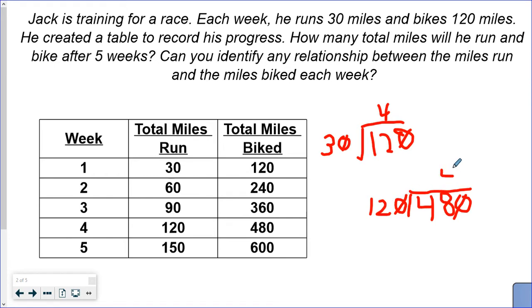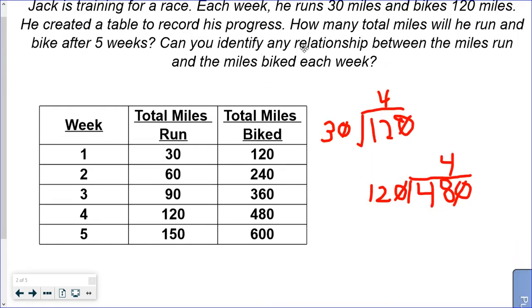Again, 4 times. So you should start to see a relationship here, fifth graders, that the number of miles that Jack ended up biking is actually 4 times bigger than the number that he ran. And it's true for every single week because 6 can go into 24 4 times, 9 can go into 36 4 times, and then 15 can go into 60 4 times.